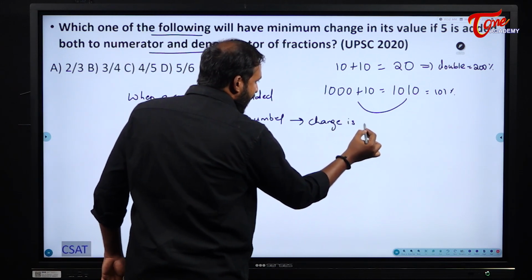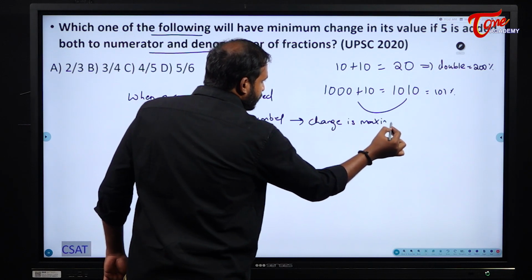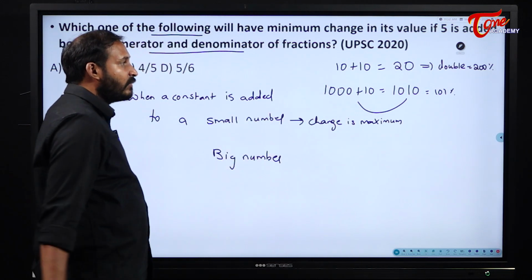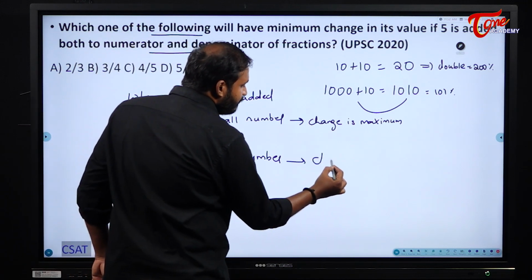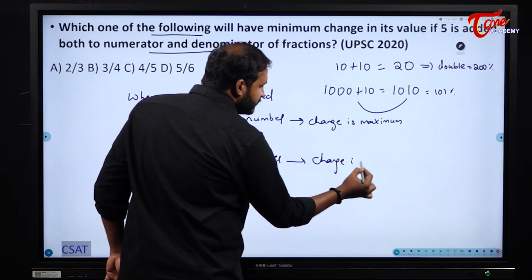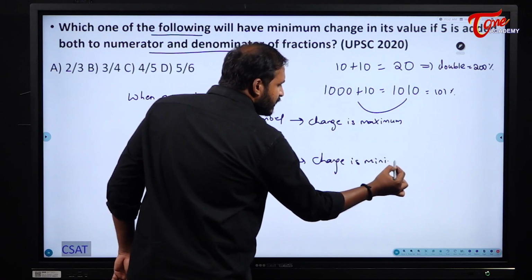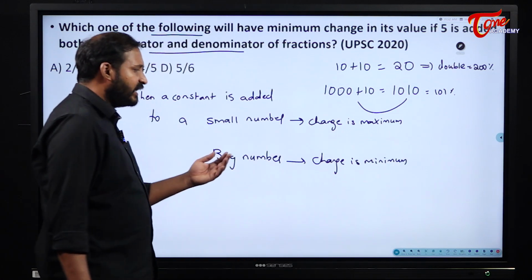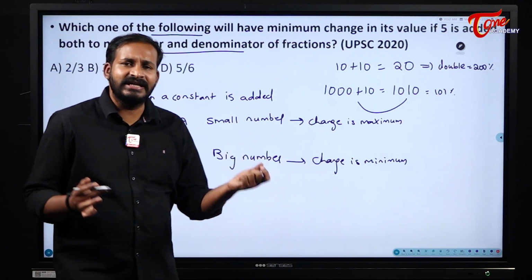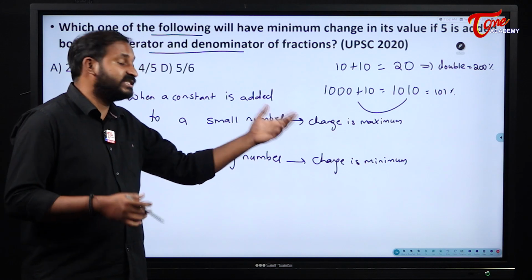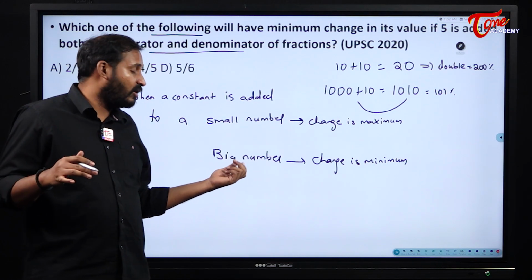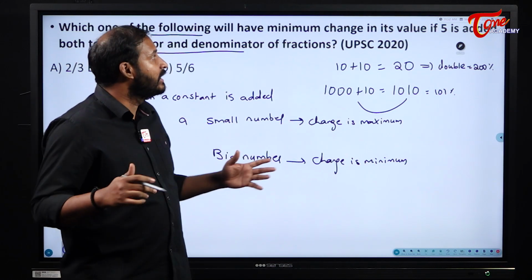The change is almost doubled, right? 200% change. But in the big number, the change will be minimum. Why? Because when it is compared with this big number, this 10 is very, very small. So when you add a constant to a small number, the change will be maximum. When we add a constant to any big number, the change will be minimum.